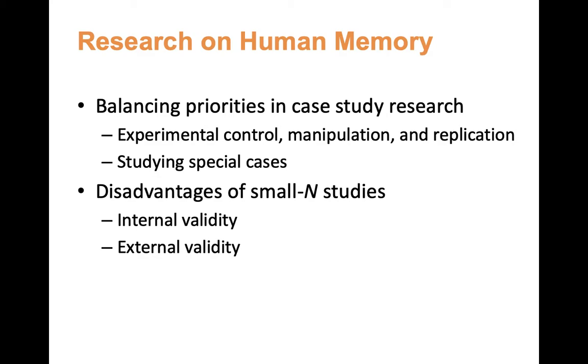Studying people like HM gave researchers the opportunity to test which kinds of tasks are affected by having these lesions in the hippocampus. So which tasks really require certain brain regions, like those parts of the hippocampus, and which don't, and to do so under controlled conditions. So, HM presented an opportunity.